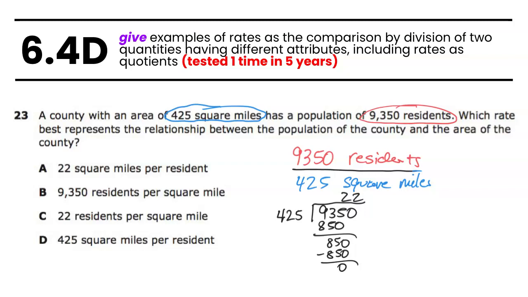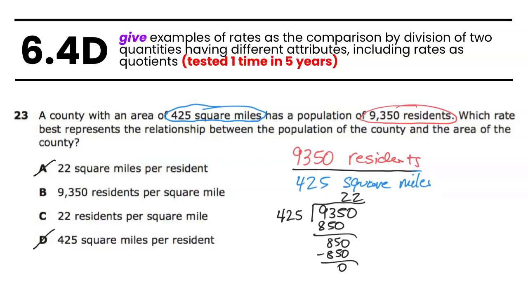As you take a look at the solution here, hopefully again you notice that all 4 of the answer choices are whole numbers bigger than 1, which tells you that you need to divide the bigger number by the smaller number. By doing that and having students write down the units, they should be able to eliminate 2 wrong answers. Residents per square mile is what this rate will be measured in, and so therefore A and D are both automatically eliminated.